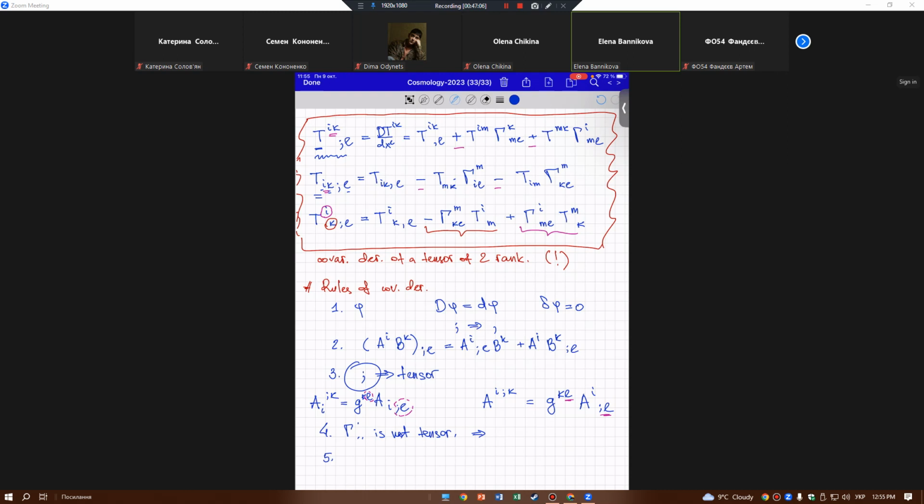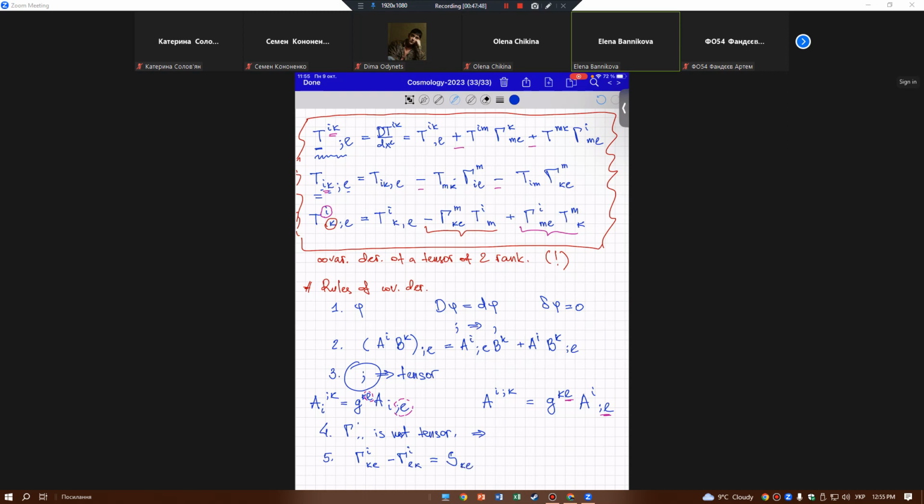The fifth property. In general, if we consider such a kind of construction, where I change the lower indexes KL and LK, change the order, this combination will create a tensor.